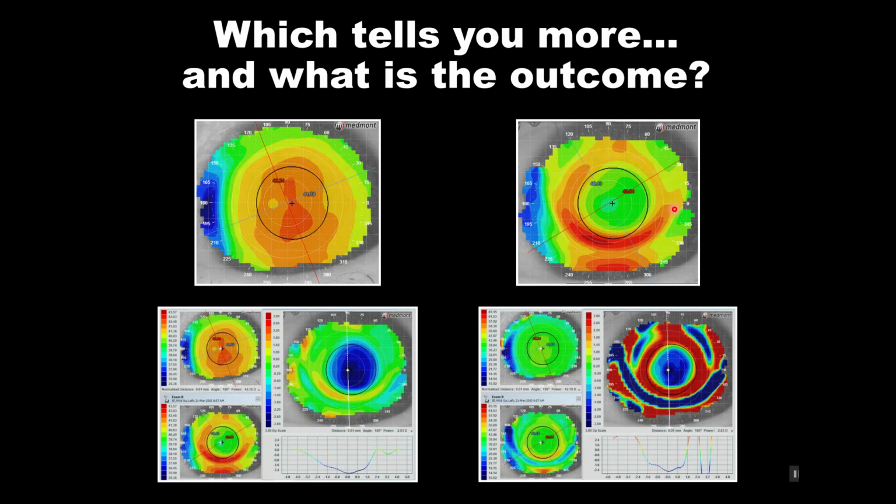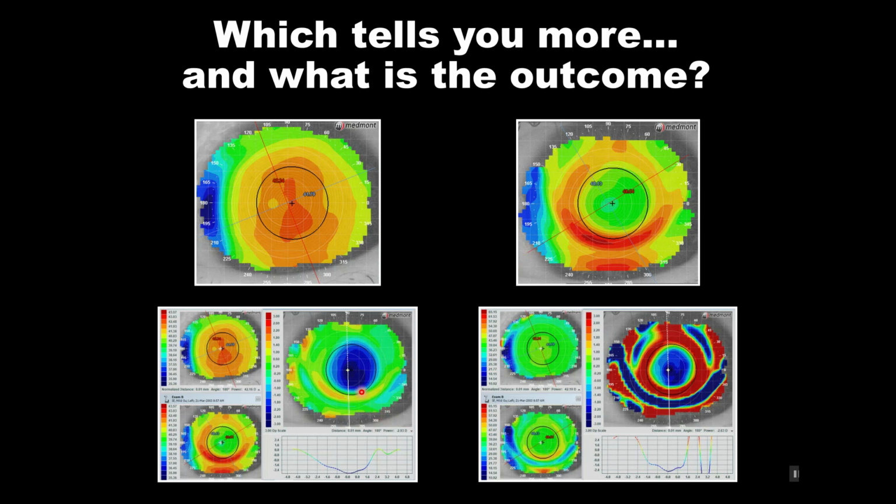Now, if we were to just use the pre-ortho K map and post-ortho K map, we'd be missing an awful lot. And that's why you want to use this subtraction map in ortho K, or what's called a comparison map in Medmont.